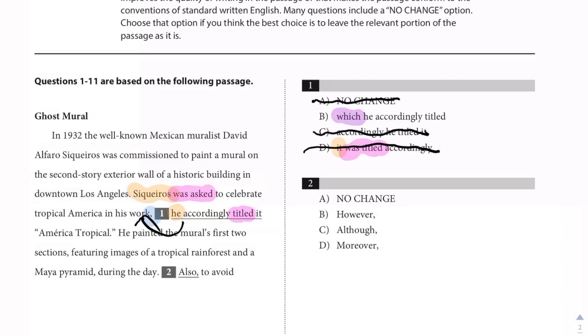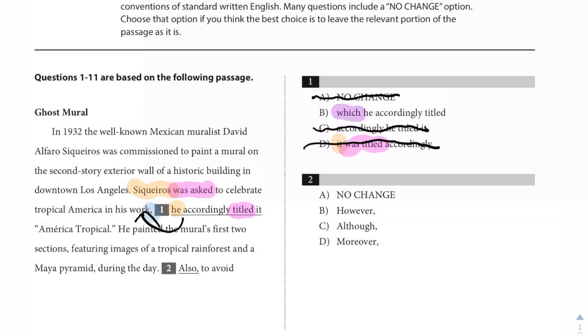We then took another look and practiced some of our grammar vocabulary. So we identified that we would expect to see a non-restrictive clause. The only answer option that had a non-restrictive clause was B, and that started with which. Either approach will work, and through practice and studying, you'll figure out the one that works best for you.